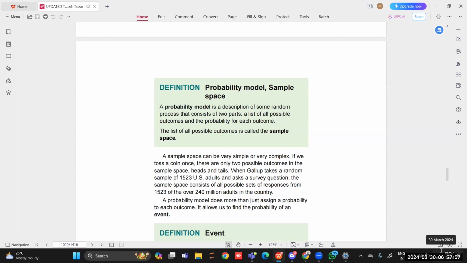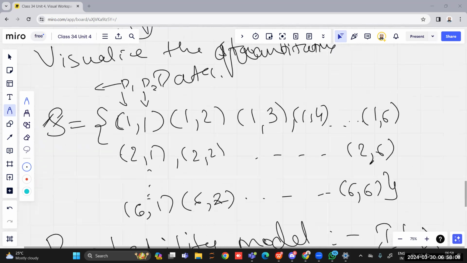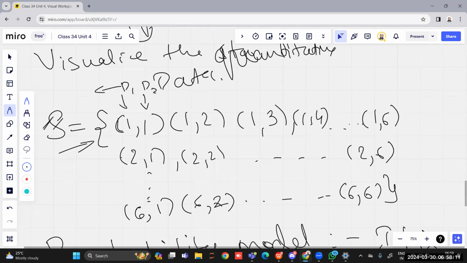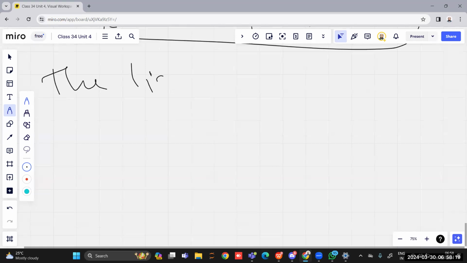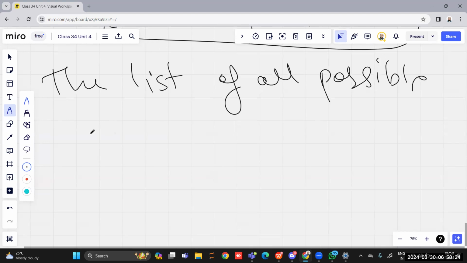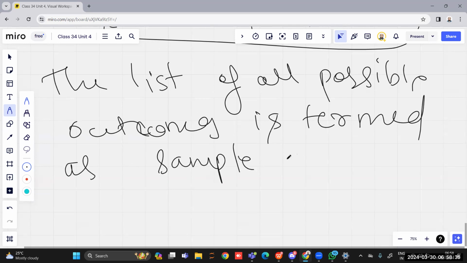So the list of all possible outcomes is called a sample space. Just remember that. See the sample space here. This is the sample space. That's the reason I've given it the alphabet S. The list of possible outcomes is termed as sample space.